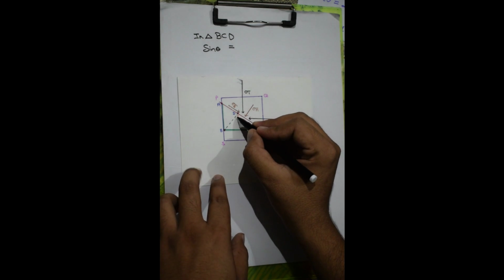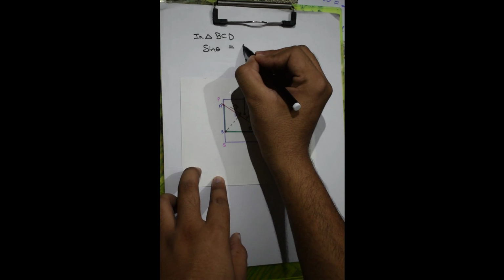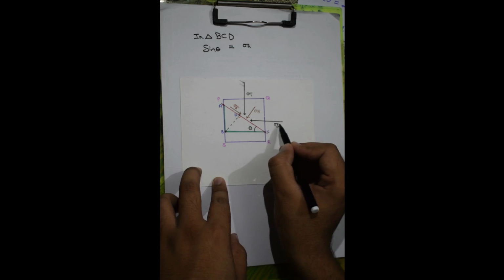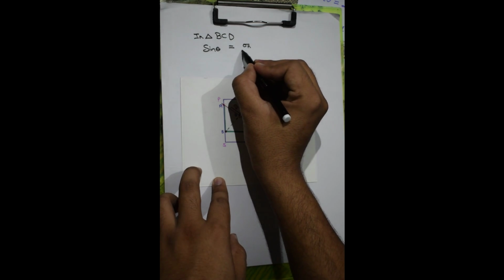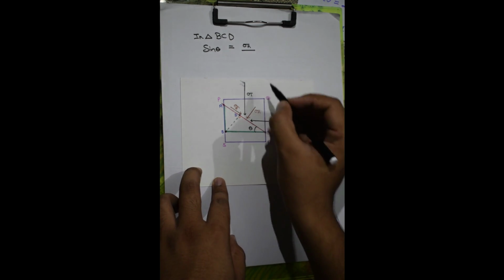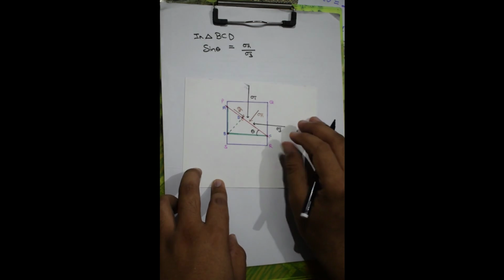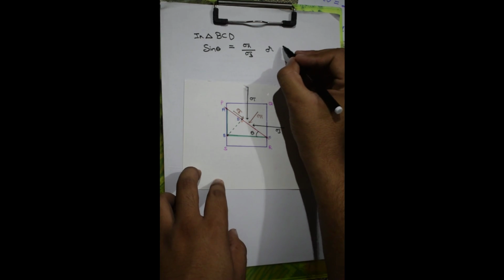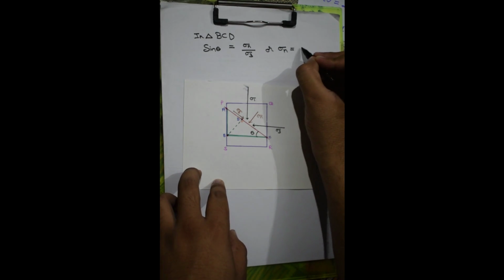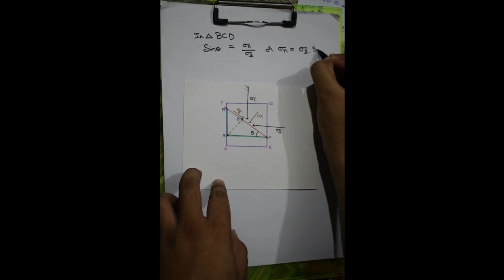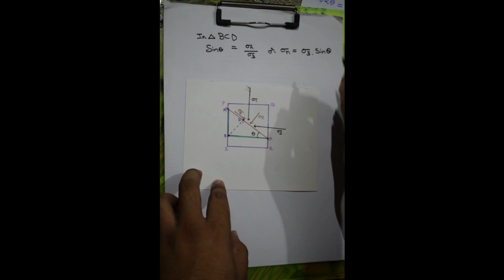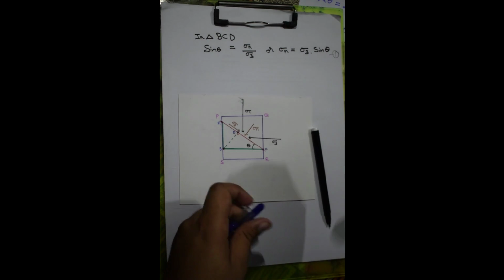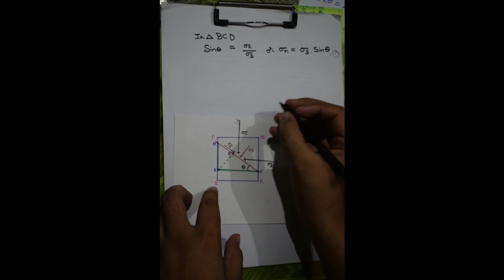So BD is parallel to sigma n, so I can write sigma n instead of BD, and as you can see sigma 3 is parallel to BC, so I can write BC as sigma 3. I can rewrite this equation as sigma n is equal to sigma 3 sine theta. Suppose this is equation number 1 that we are going to use very soon.